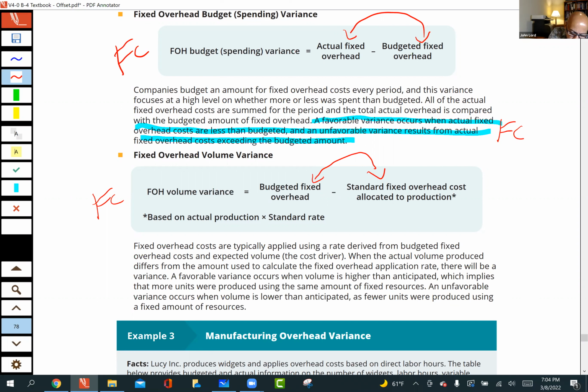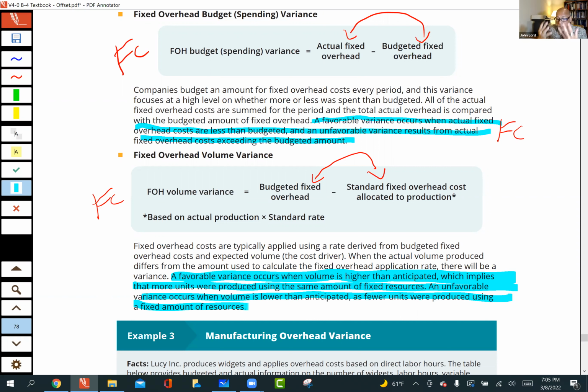And you can see down here that they tell us a favorable variance occurs when volume is higher than anticipated, which implies more units were produced using the same amount of fixed resources. Unfavorable variance is when volume is lower than anticipated. So we set up that budget expecting a certain amount of volume.